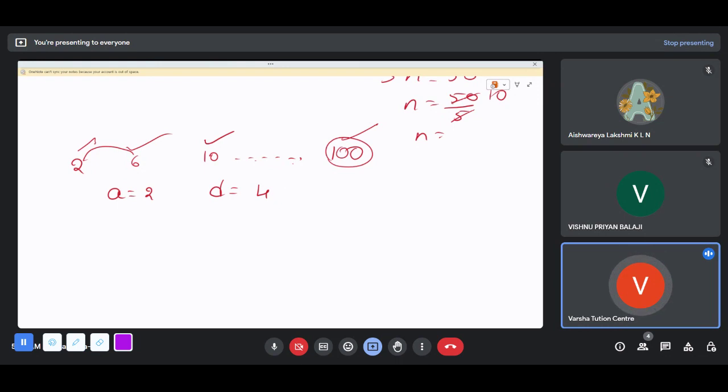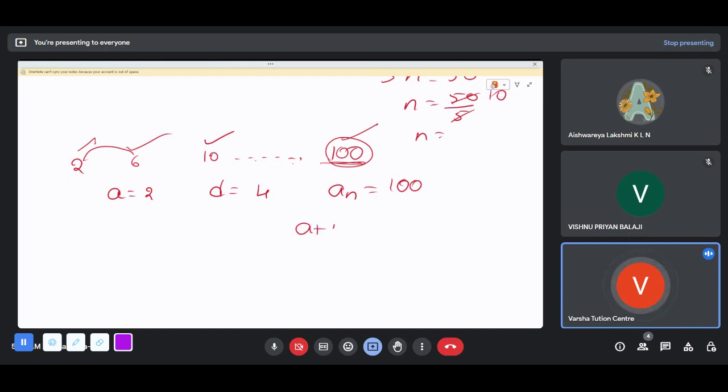Correct? Now he gave 100. What did I say? When you need to find which term, this is what you remember: you assume the given value as the nth term value. So given an is equal to how much he gave? 100. I do not know which term it is, so I took it as an. Then what is the an formula?